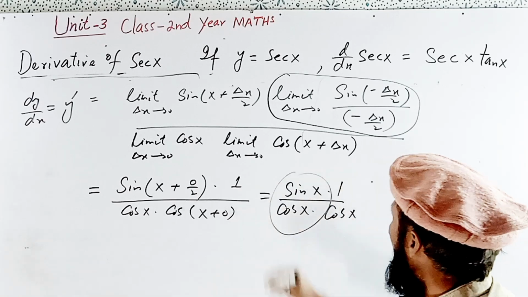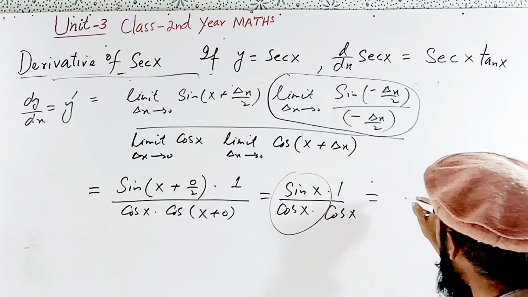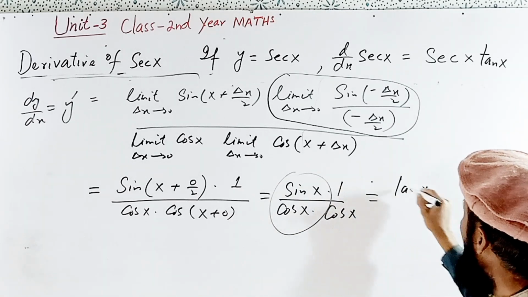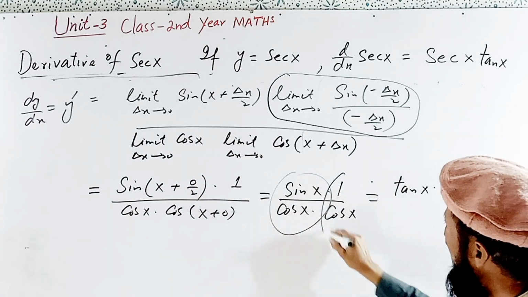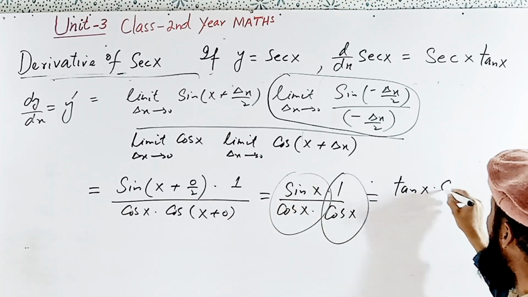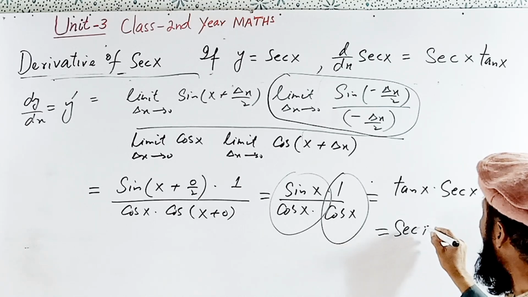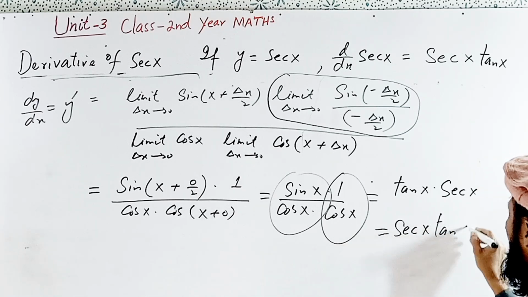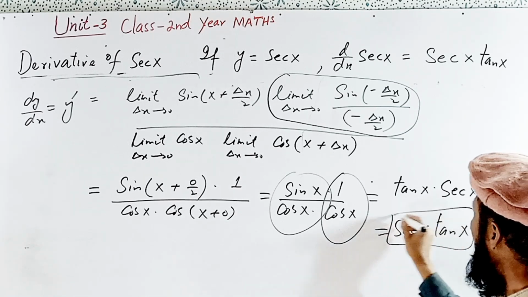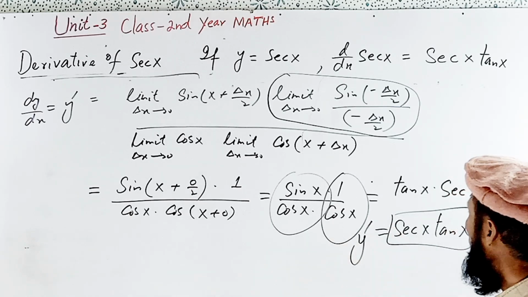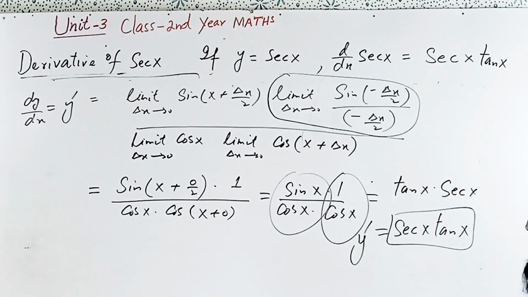This term we can write as tangent x, and 1 over cos x is equal to secant x. So secant x and tangent x is the required derivative using the first principle rule. The result is secant x tangent x.